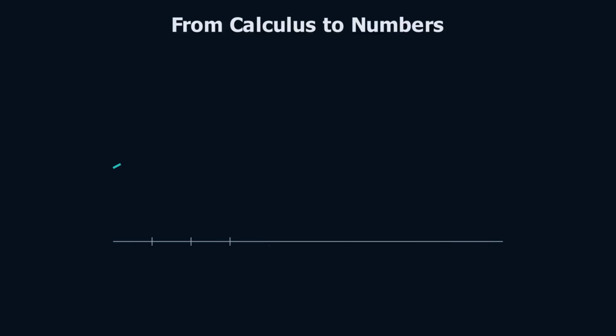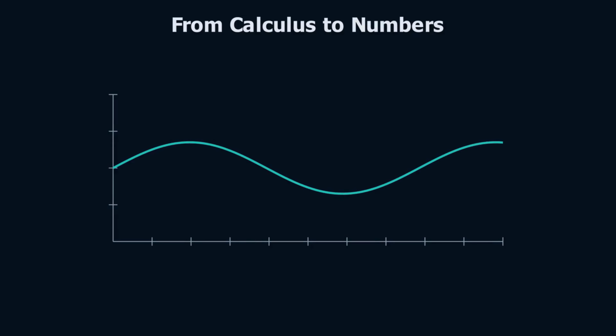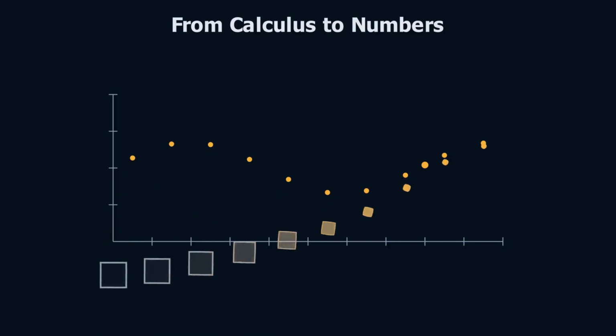In mathematics, a flowing quantity is described as a continuous function. Every point along this curve has a slightly different value. But computers cannot store infinitely many points. Instead, they keep only a limited number of samples. Each sample becomes one computational cell.